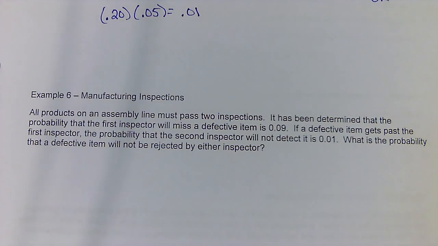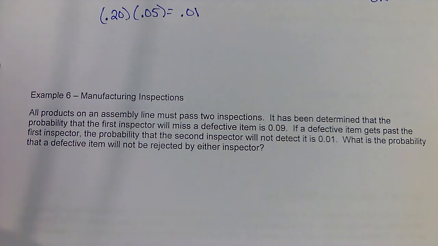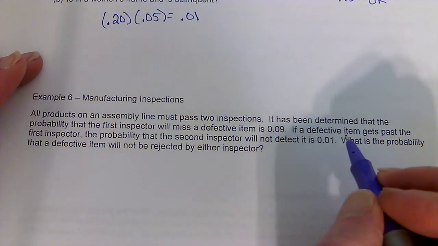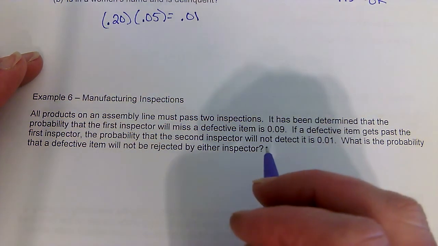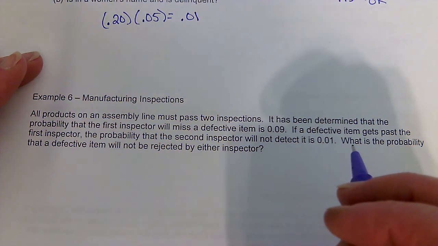A manufacturing inspection. So all products on the assembly line must pass 2 inspections. It's been determined that the probability that the first inspector will miss a defective item is 0.09. If the item gets past the first inspector, the probability the second inspector will not detect it is 0.01.